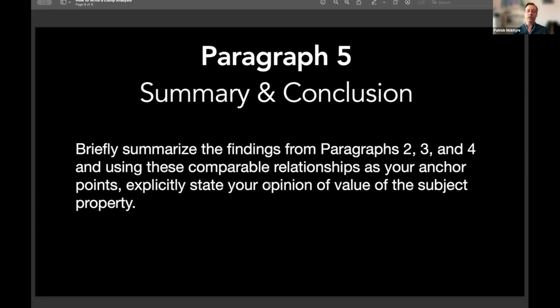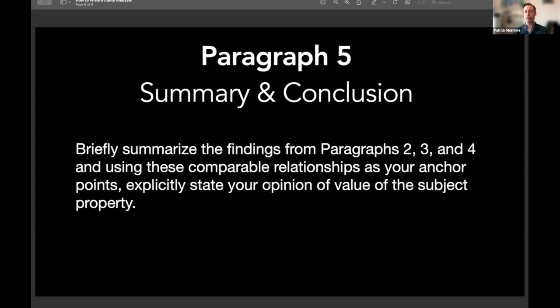This is how I like to conceive of it. This outline helps me make those conclusions and structure the thinking. And this is where you conclude by stating your value. Every once in a while, people will have their actual number in a different place.